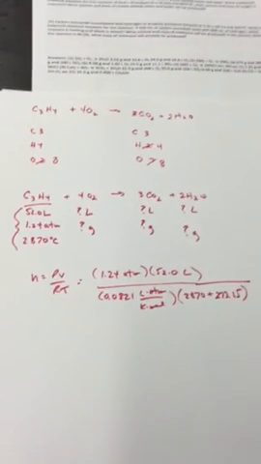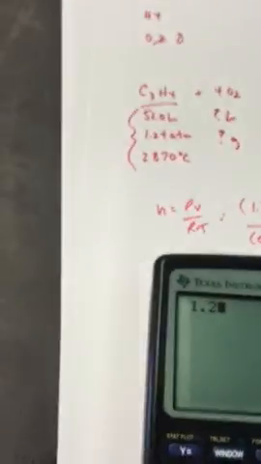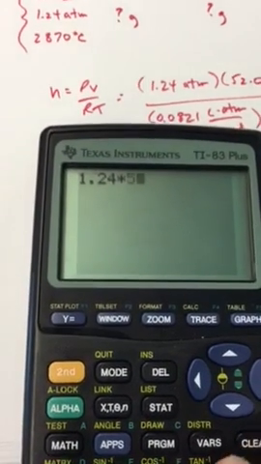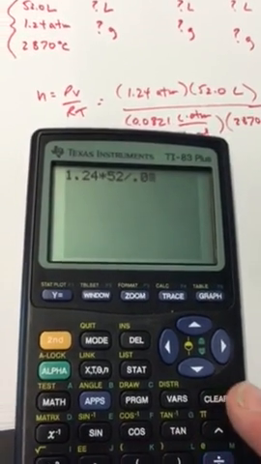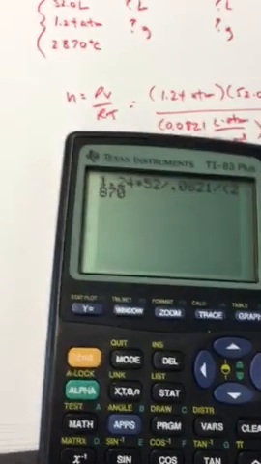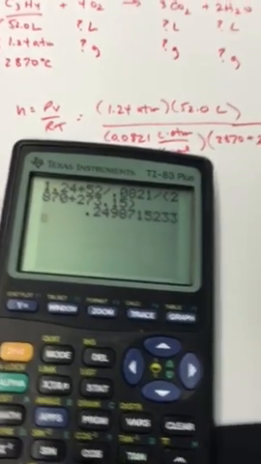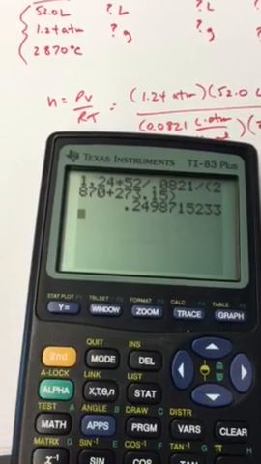Let's see if I have a calculator. Hold on one second. Grabbing a calculator, I'm going to put these numbers in here. 1.24 times 52 divided by 0.0821 divided by 2870 plus 273.15, and I get 0.250 moles.